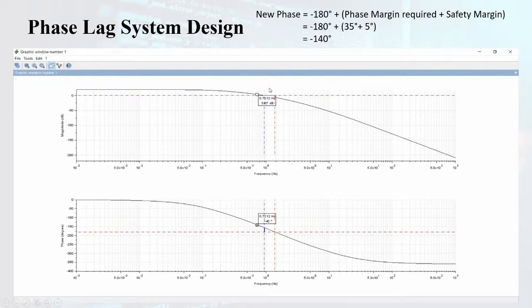So from the graph, this is the gain crossover frequency, the blue line, and here is the negative 140 degrees, and we got 0.7212 Hertz.